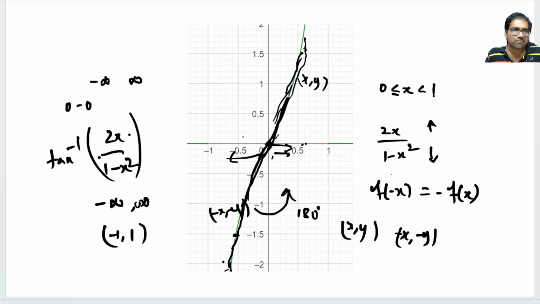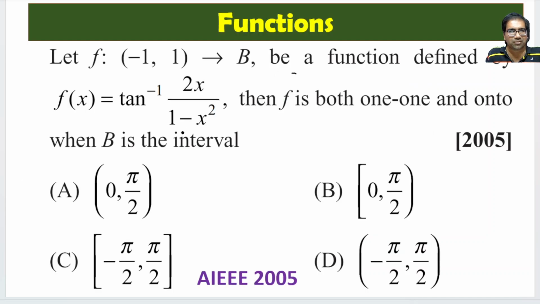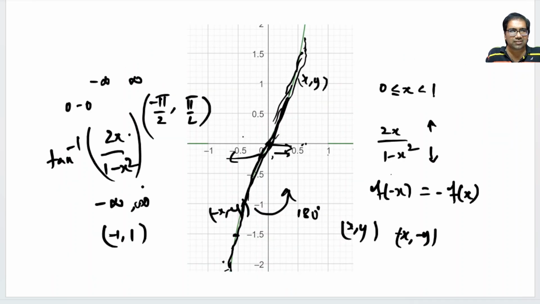So tan inverse of minus infinity to infinity will run between minus pi by 2 to pi by 2, open brackets. Right, minus pi by 2 to pi by 2. When it is that, then tan inverse of this thing, tan we know is one-one. Because this function is also continuously increasing between minus infinity to infinity, this also is actually one-one.